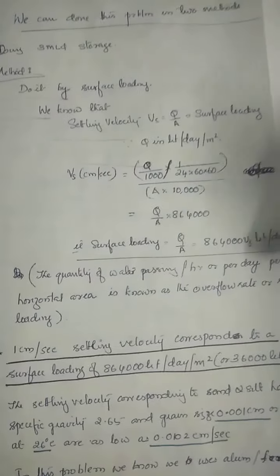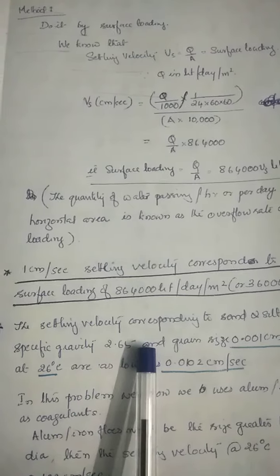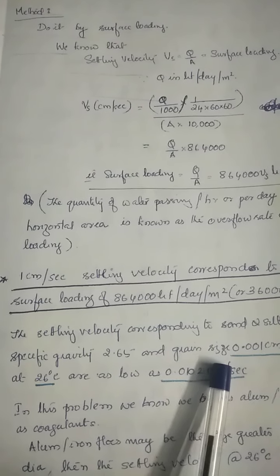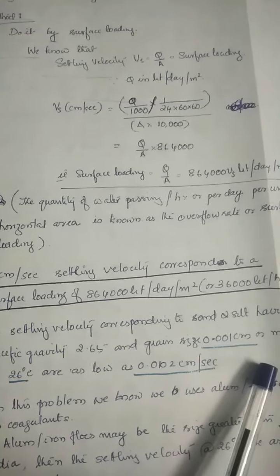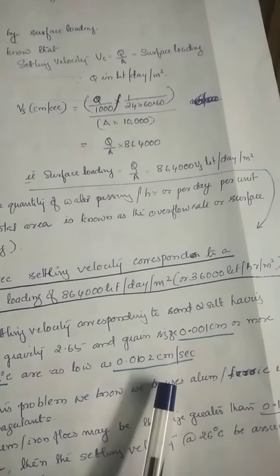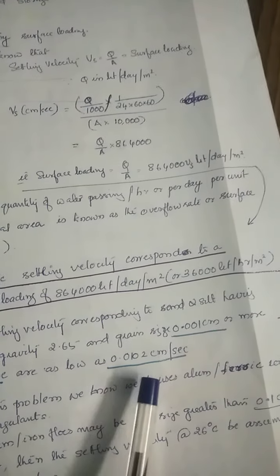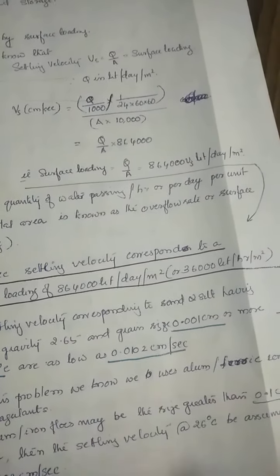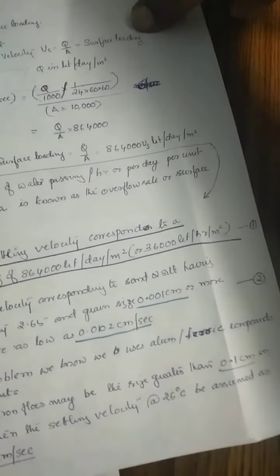Here there is another clause, that is the settling velocity corresponding to sand and silt having specific gravity 2.65 and grain size 0.001 centimeter or more at 26 degrees Celsius is as low as 0.0102 centimeter per second, that we noted.